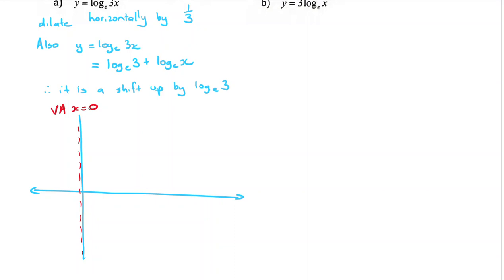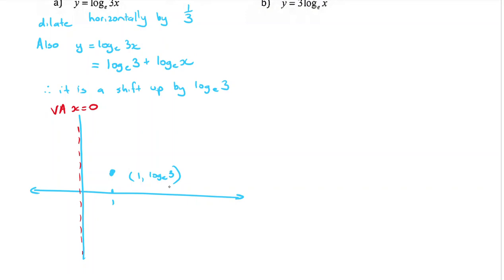Okay, so normally my intercept is at 1, but I'm moving it up log e of 3. Yes? So maybe here, this can be the point 1, log e of 3.